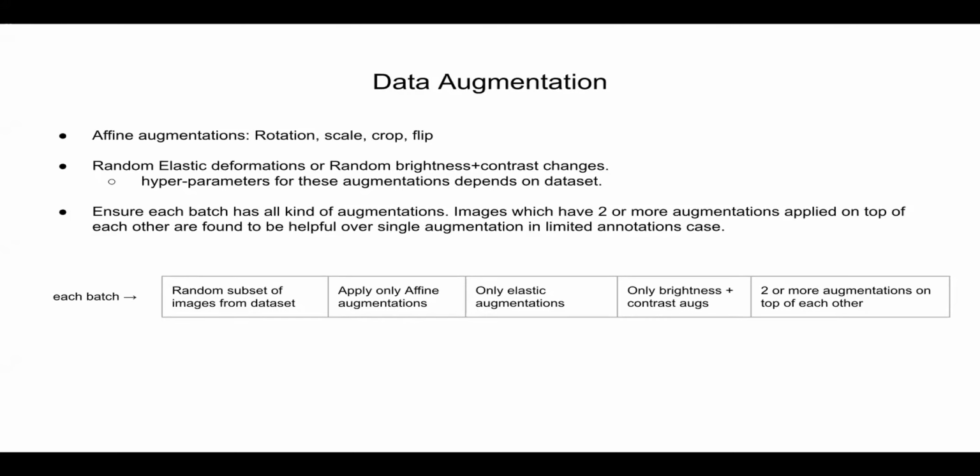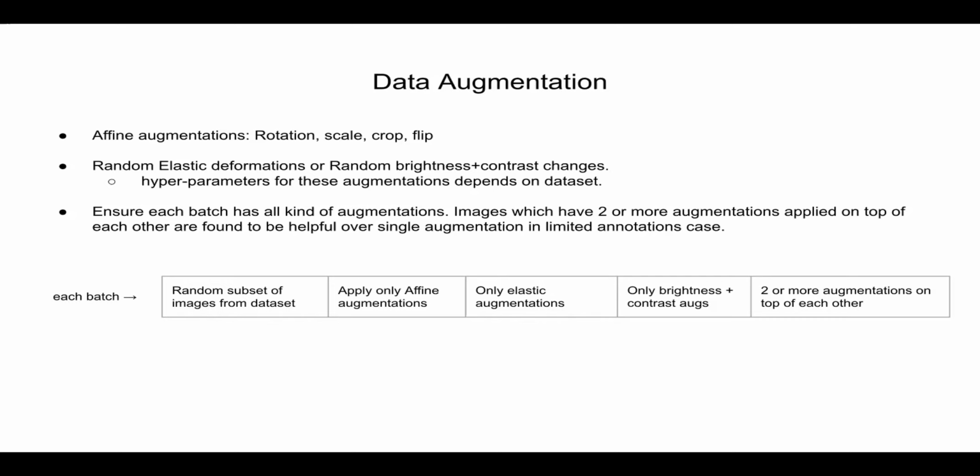Additionally, we also use elastic deformations or random brightness and contrast changes, which are observed in MR data. The hyperparameters which you choose for rotation, scaling, or elastic deformations also depend on the data set, so you might want to evaluate this on some validation data set before you go ahead with your baseline or the method which you're developing.